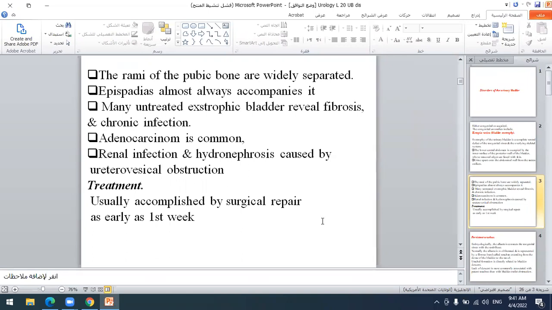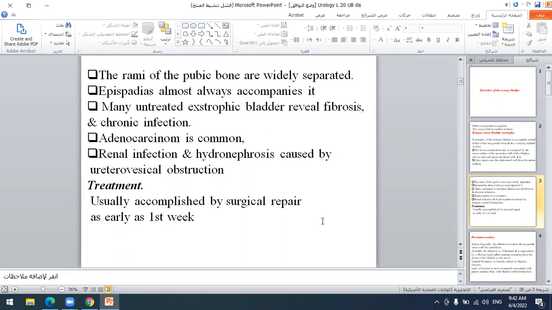Ectopia vesicae is a syndrome because multiple defects occur: a defect in the anterior wall of the bladder, a defect in the anterior abdominal wall, separated pubic rami, and also epispadias. Epispadias means the urethral meatus is located dorsally.